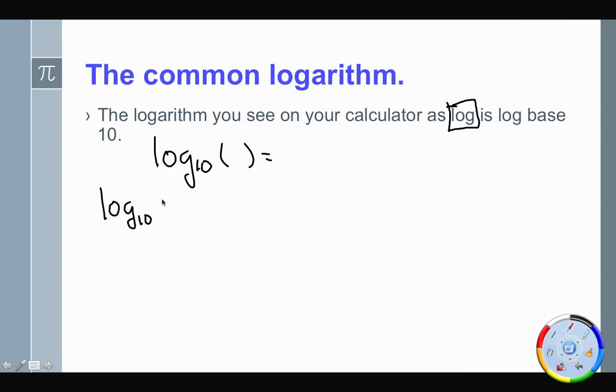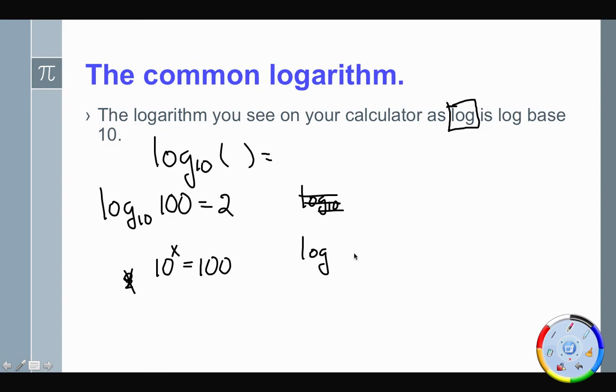If we had log base 10 of 100, we're really asking 10 to the power of what is equal to 100? And we know that to be 2. And we should be able to do quite large numbers here. If we said log of 10,000, I'm not going to write the base, because when it's log with no number as a base, we understand that to be log base 10.